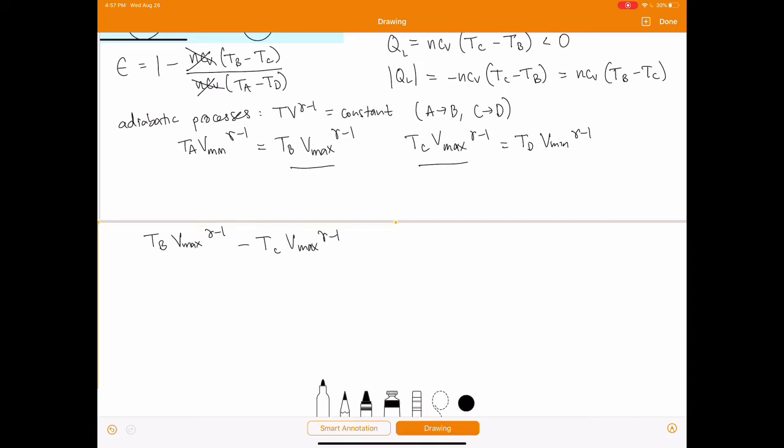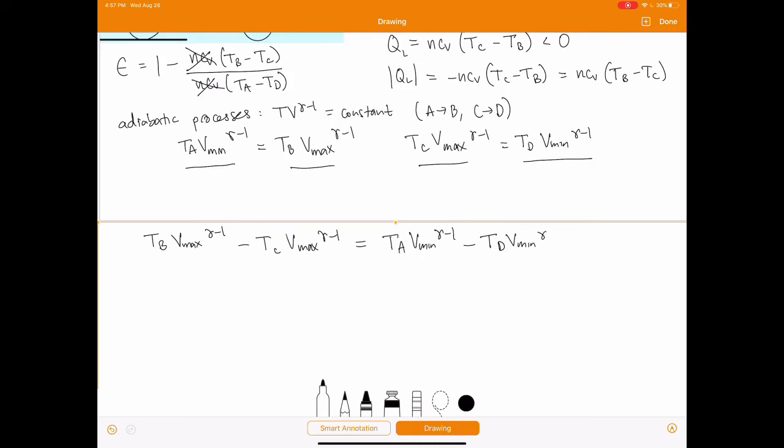Well, I automatically know what that equals because the first term, TB times Vmax to the gamma minus 1, is equal to TA times Vmin to the gamma minus 1. And if I'm subtracting from that TC times Vmax to the gamma minus 1, I know that's equal to TD times Vmin to the gamma minus 1.